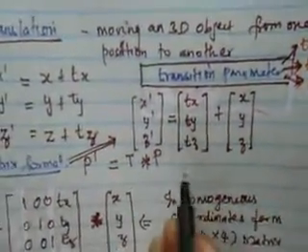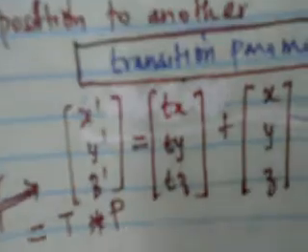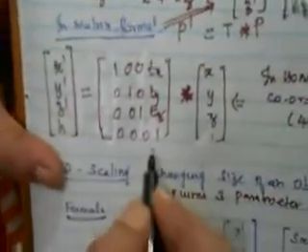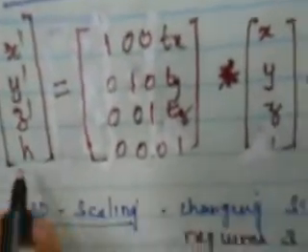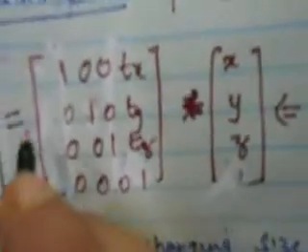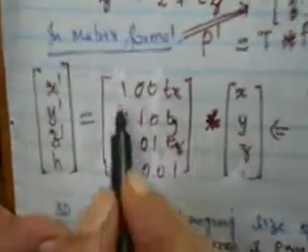Here we are working with a 3 cross 3 matrix, so we have to add one more dimension, that is 4 cross 4. This is also represented in matrix multiplication form. So x dash, y dash, z dash, homogeneous variable, is equal to, we have to write the diagonal matrix for this.